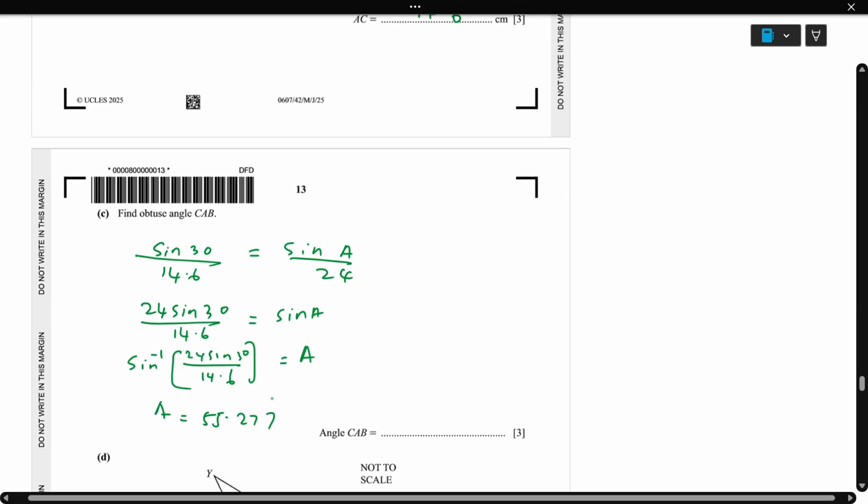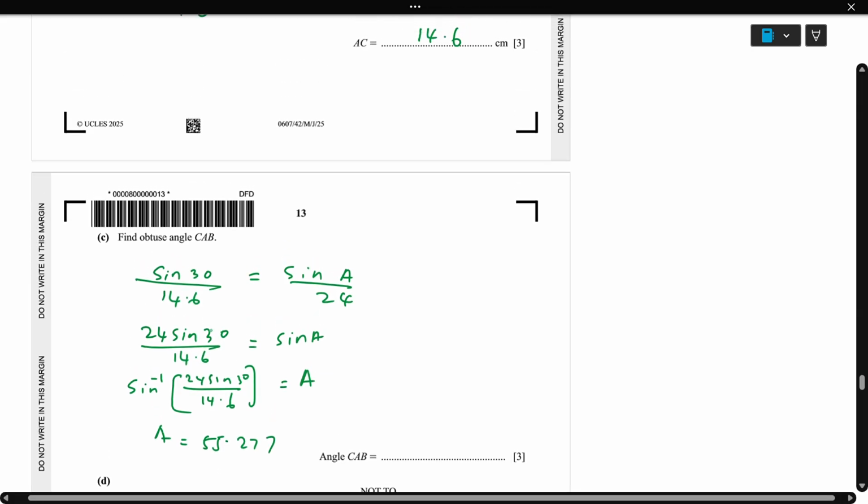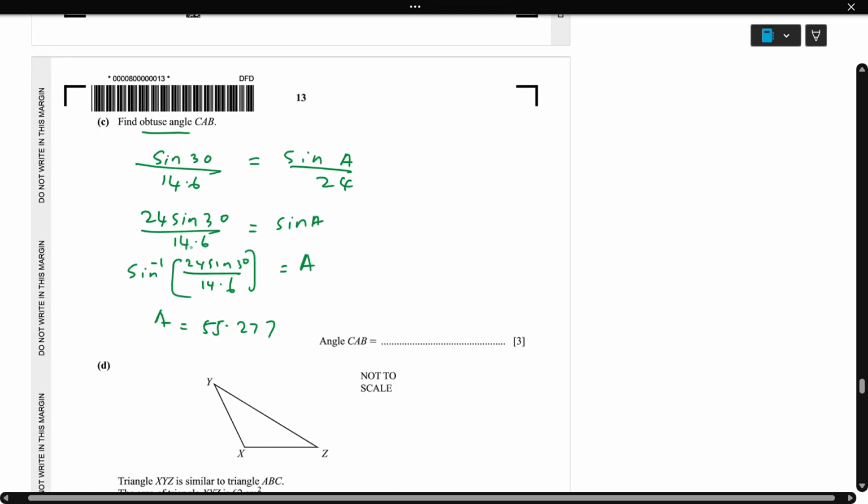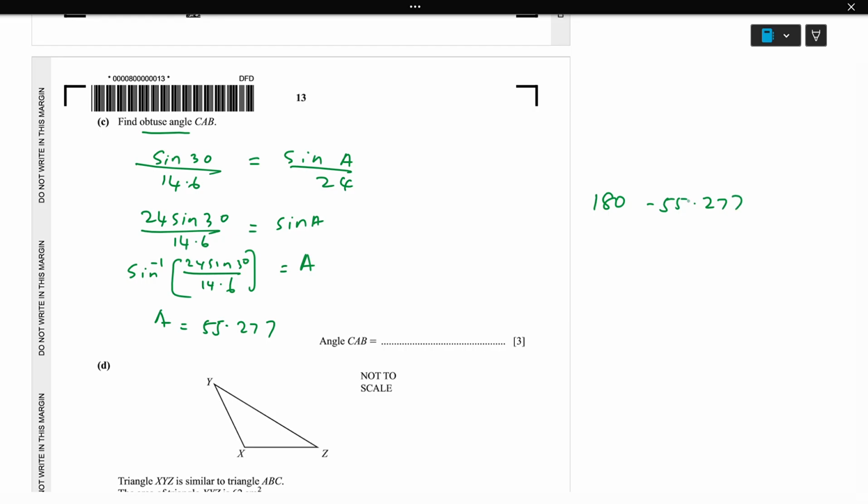The question is about the obtuse angle, so we got the acute one. Whenever we are asked for the obtuse one and get the acute, just take away from 180, so 180 minus 55.277 gives the answer 124.7.